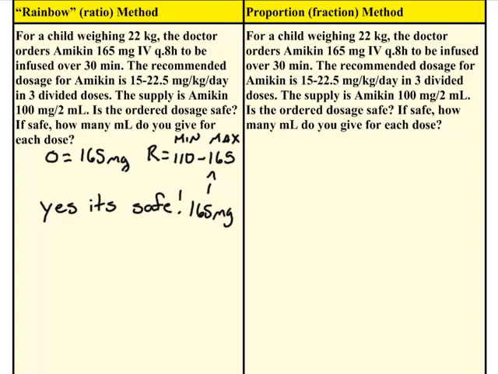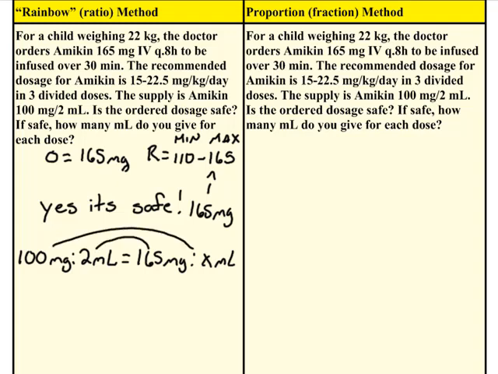Now that we know it's safe, we want to figure out how many milliliters we're going to give per dose. Well, if we look at our supply, they tell us that every 100 milligrams is in 2 milliliters. The ordered dose is 165 milligrams, and we need to find out how many milliliters that will be. Again, to solve for x, we're going to multiply our means and our extremes.